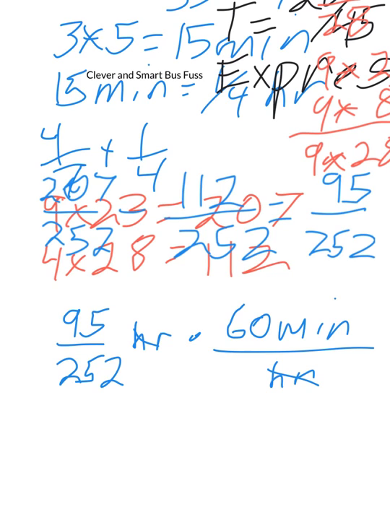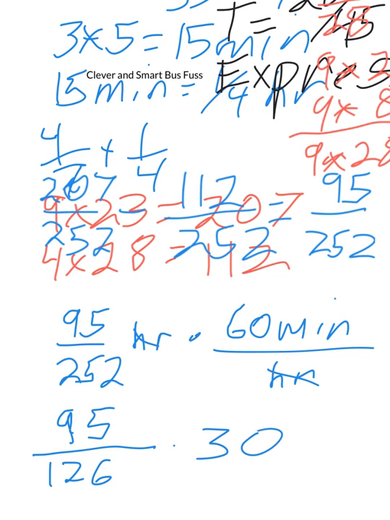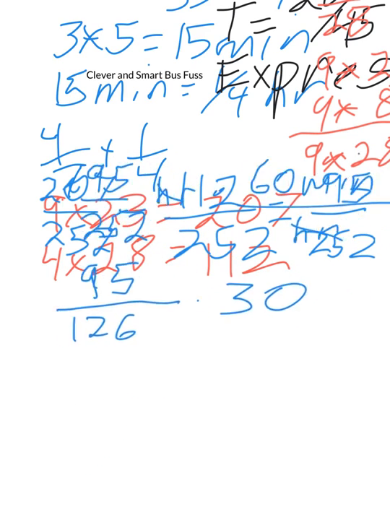So let's see. I can see some factors of 60 and 252. So let's do 95 over half of 252 is 126, 126 times 30. Ooh, I need a bit more room because I can see some more here.